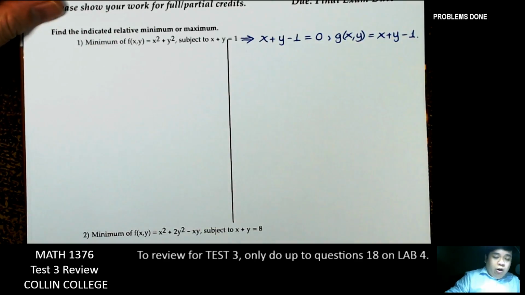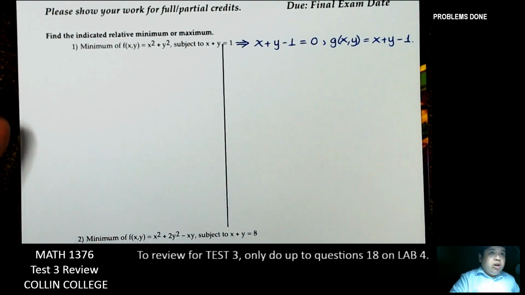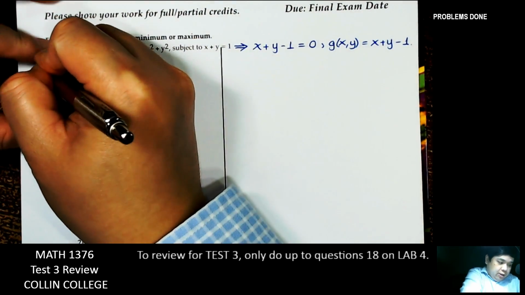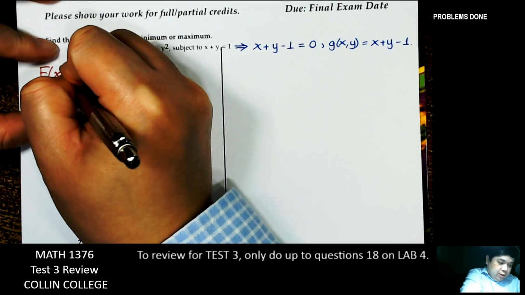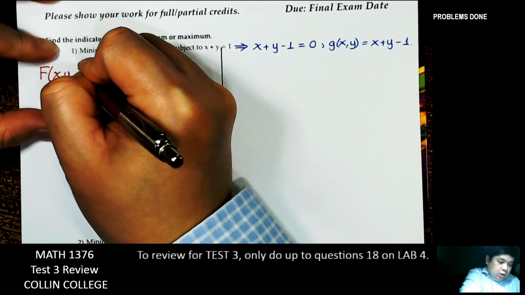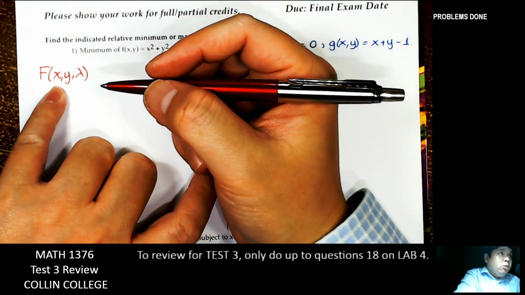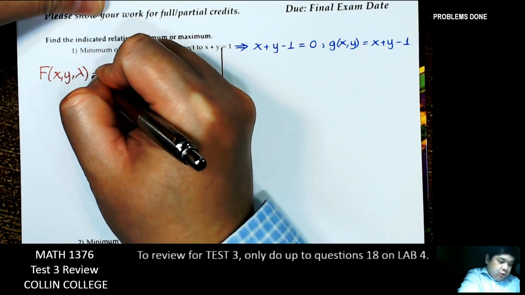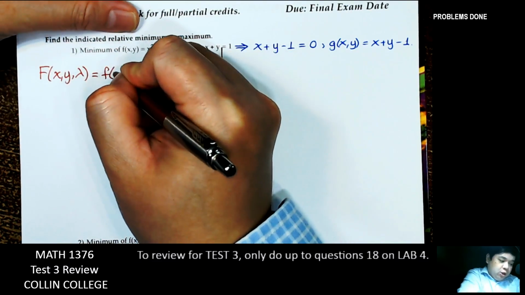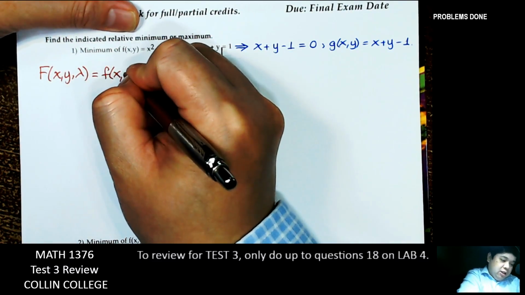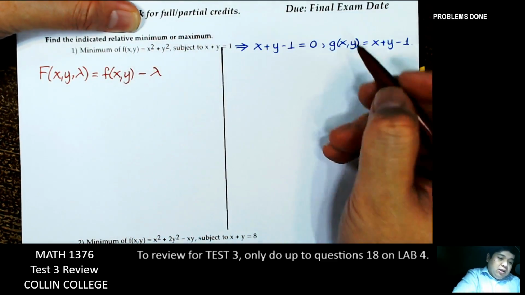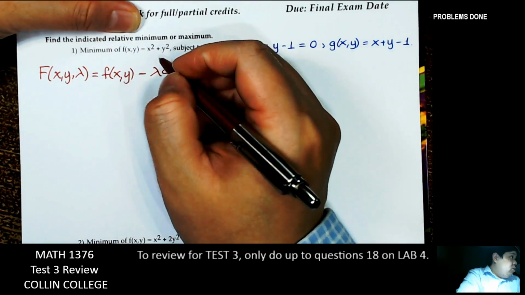After that, we will form the function for Lagrange multipliers. The function will be a function of x, y, and lambda, which is the original function to be maximized or minimized, and then minus lambda times the constraint g of x y.